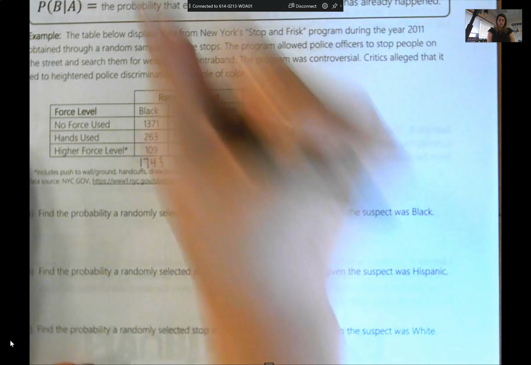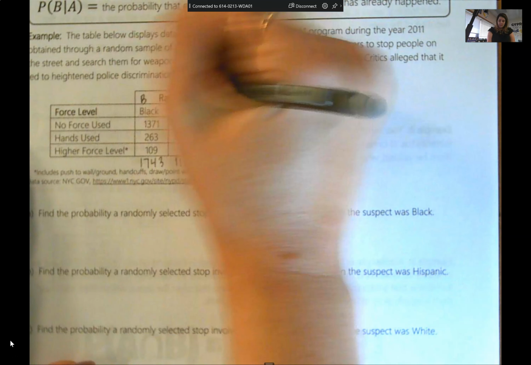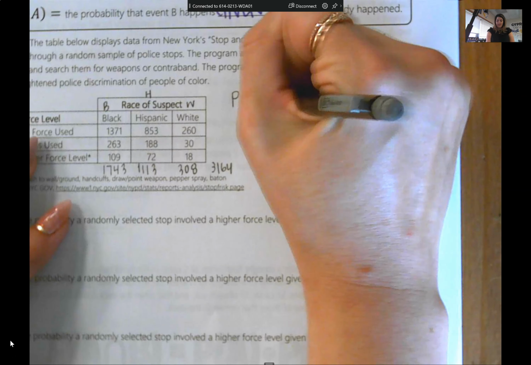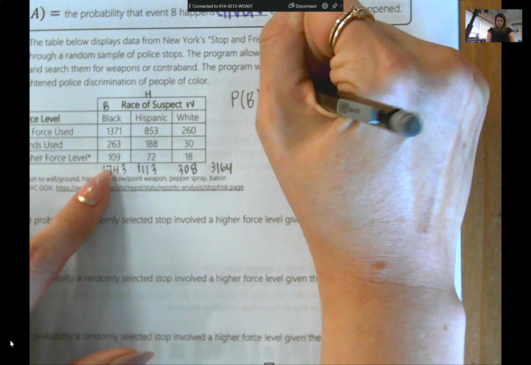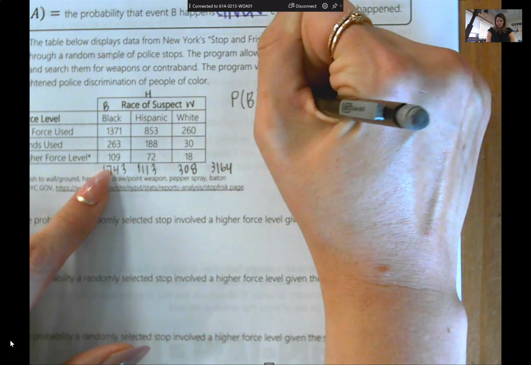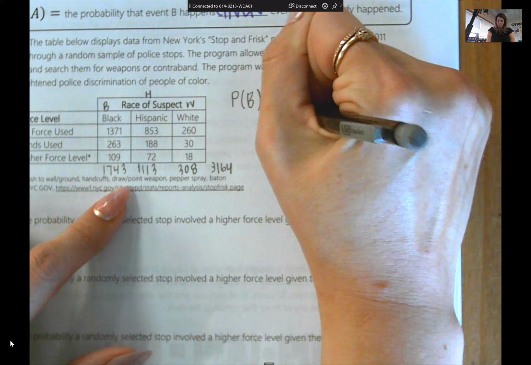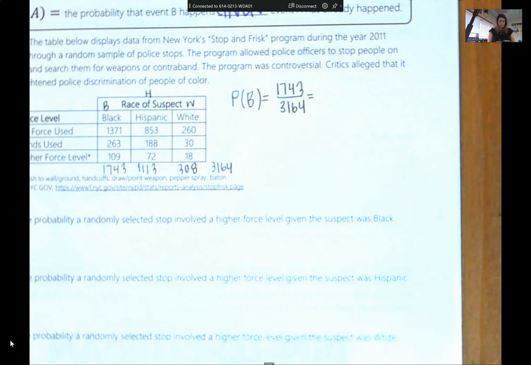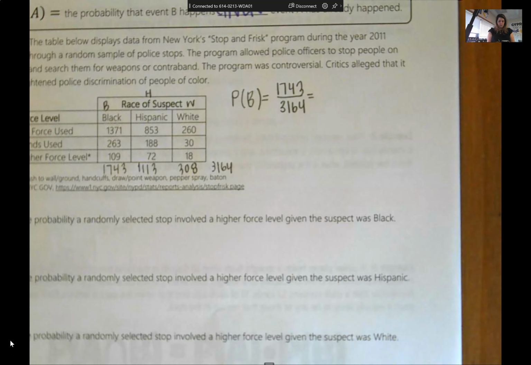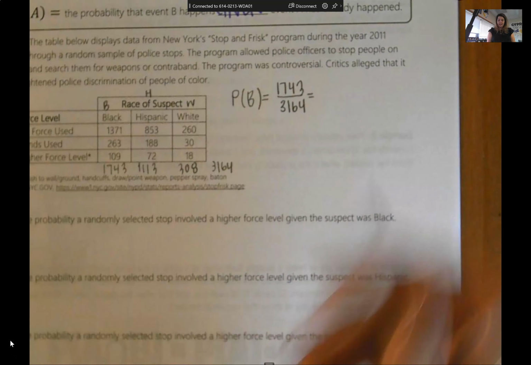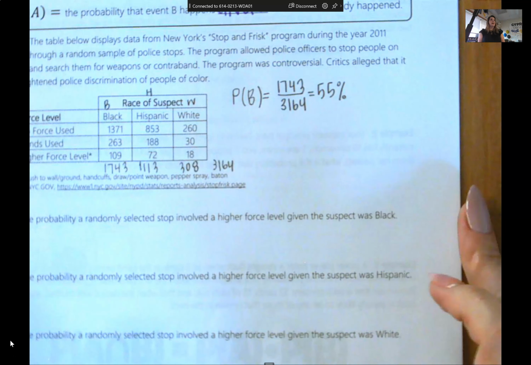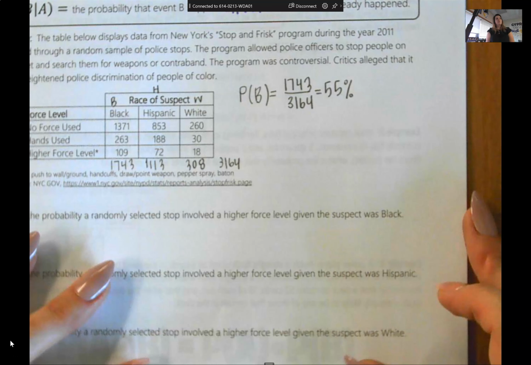So P of B. I'm going to call black B, Hispanic H, white W. So the percent of black suspects is 1743 over 3164. So 55% of these stops involved a black suspect. That's a lot.